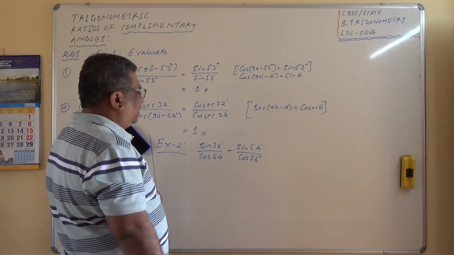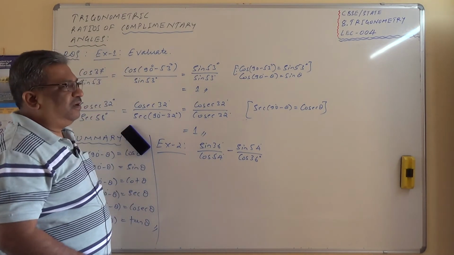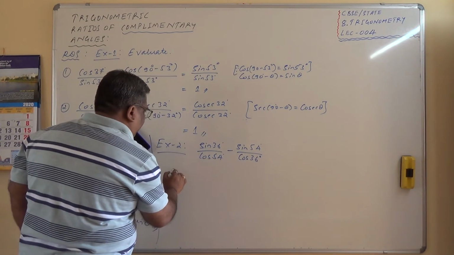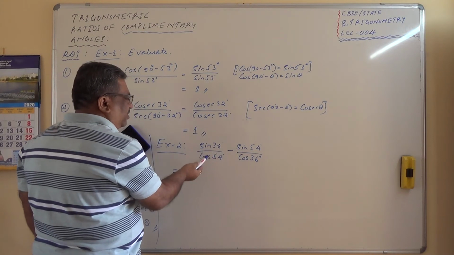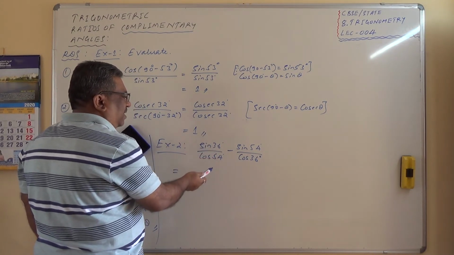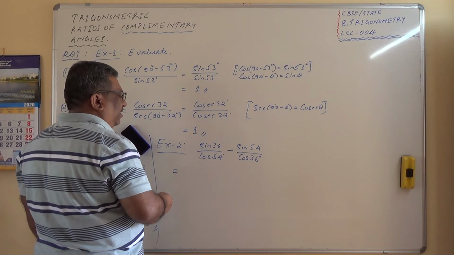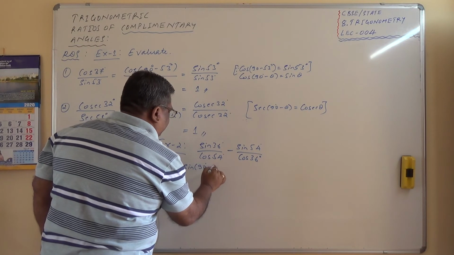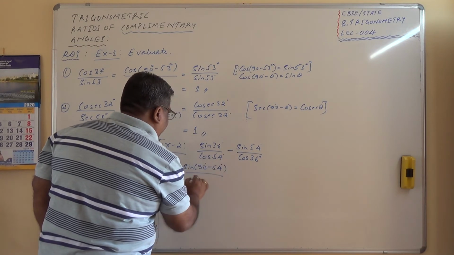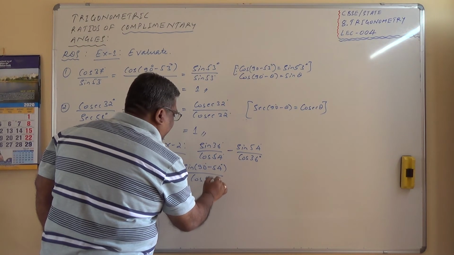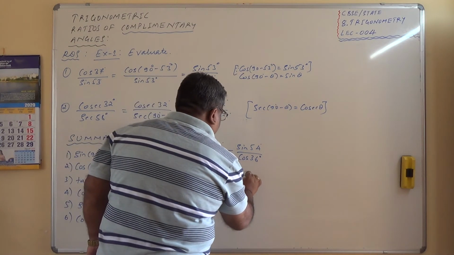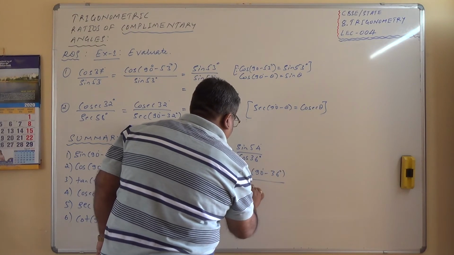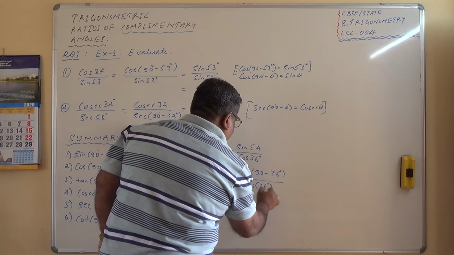As I said, we can expect the answers to be zeros or ones in general. So here I'll solve it; you change only either the numerator or the denominator to the complementary ratio. So sin 36 can be written as sin of 90 minus 54 degrees divided by cos of 54 degrees as it is, minus sin of 90 minus 36 degrees divided by cos of 36 degrees.